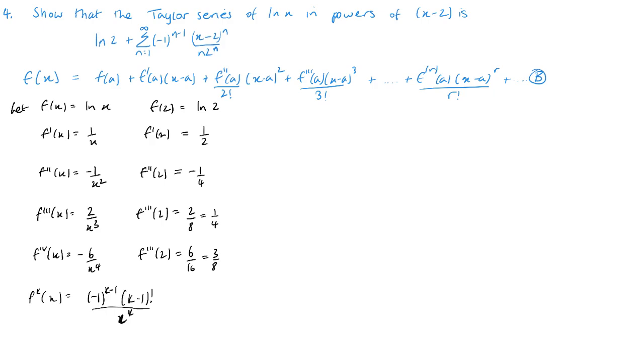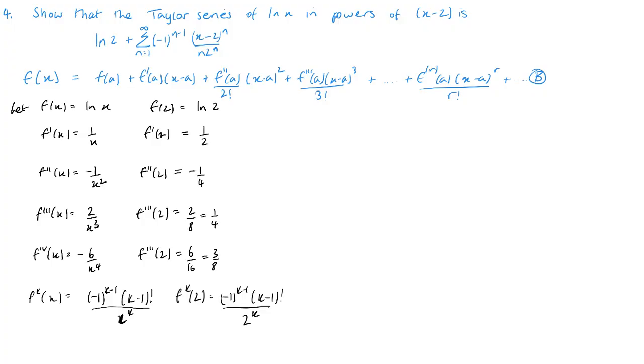So that's what we've got here, and then let's substitute not 0, 2 into this. So we've got minus 1 to the k minus 1 times k minus 1 factorial over 2 to the power k. So that now is my general term of this sequence.